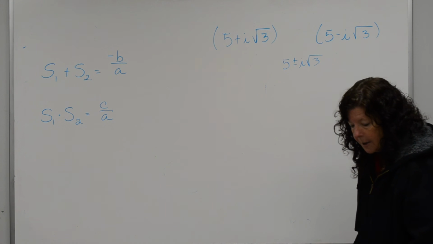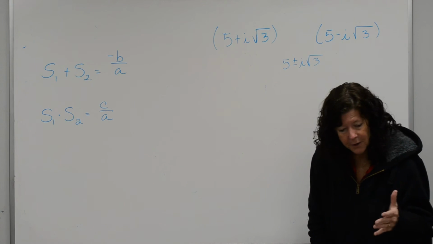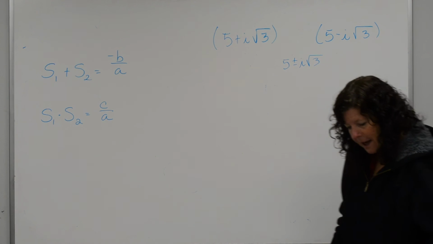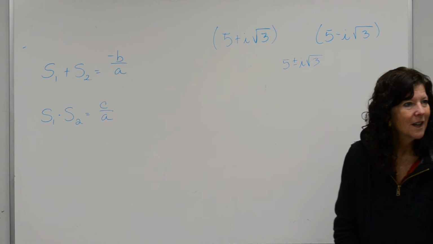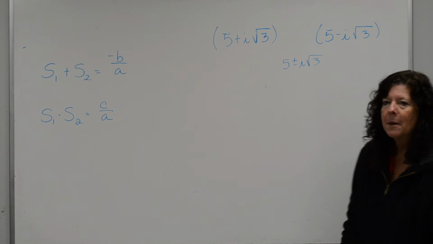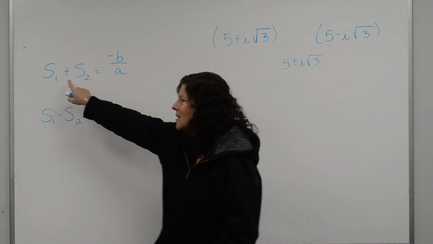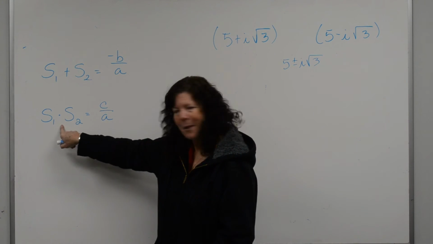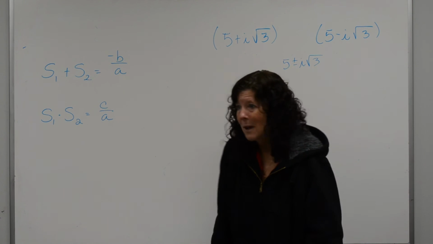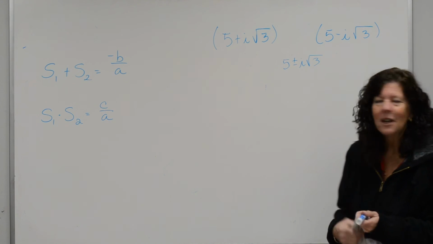Then you're going to take this and combine it together. They're going to give you an equation, and they're going to say solve, and then check by using the sum and product of roots. That's why it's called that, obviously. That's why math is so very cut and dry.